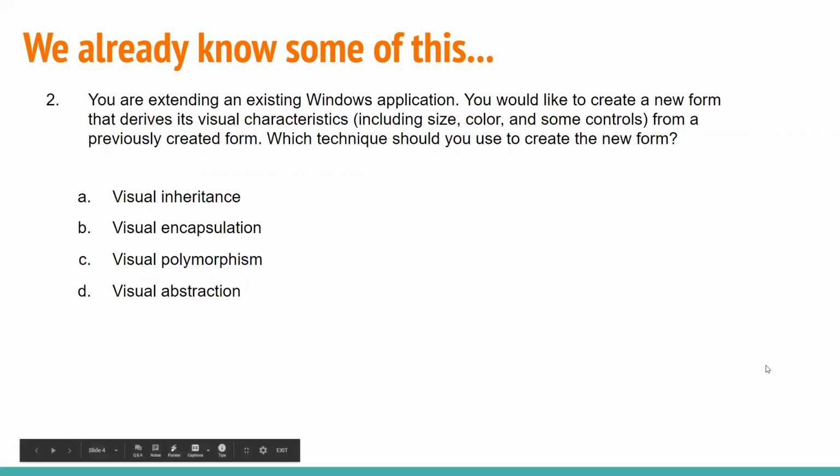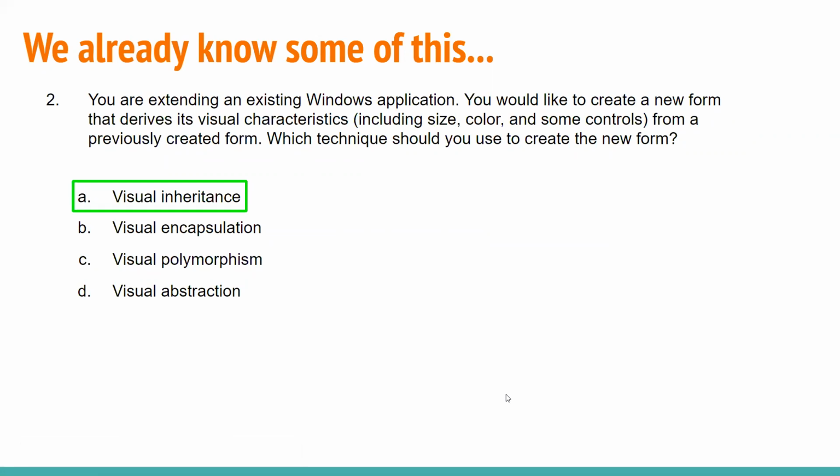Okay, so Adam says A. I'm going to take it that the whole class agrees it's A, and that's correct. And you guys can see, so this word visual here, we don't quite understand what that's referring to yet, right? We haven't really discussed visual, but you can see we've got these ideas of inheritance, encapsulation, polymorphism, and abstraction. You guys learned all of these ideas back in chapter 2. Or were scared by all of these ideas back in chapter 2, either one.